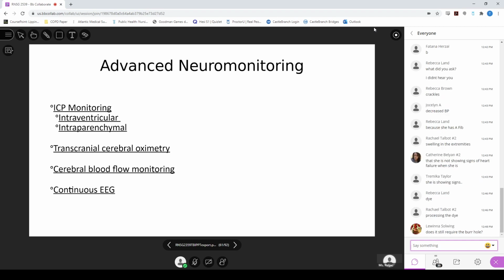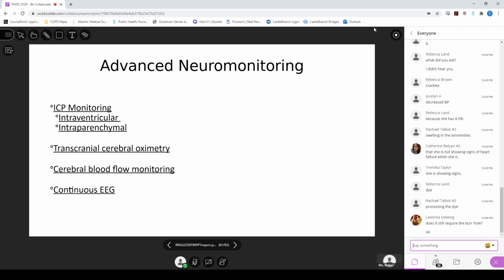The transcranial cerebral oximeter is not in the lateral ventricle though. The intraventricular is the most common one. It's what I see in the hospital, and I think it's the most common everywhere.